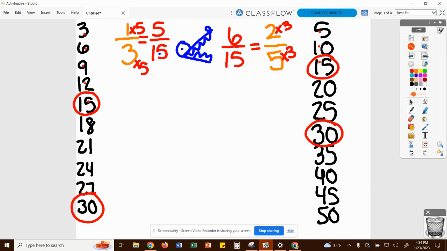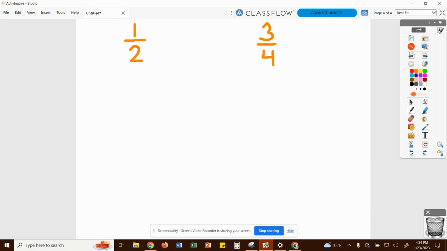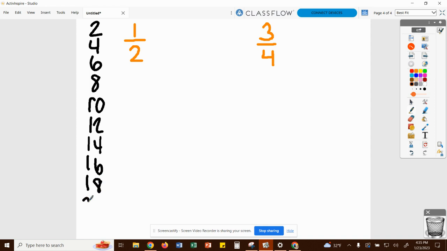Let's try it again. Here I have 1/2 and 3/4. To do this, I'm going to do exactly what I did last time. I'm trying to make common denominators, but I see that 2 and 4 do not have common denominators right now. So I'm going to skip count by my denominators. My denominator is 2, so I'm going to skip count by 2s. 2, 4, 6, 8, 10, 12, 14, 16, 18, 20.